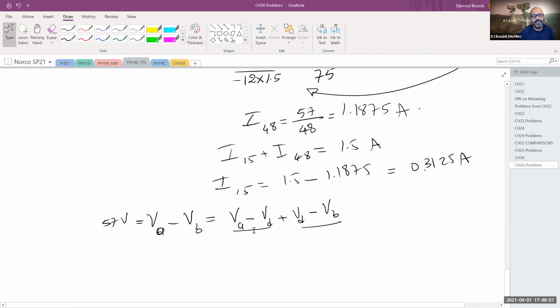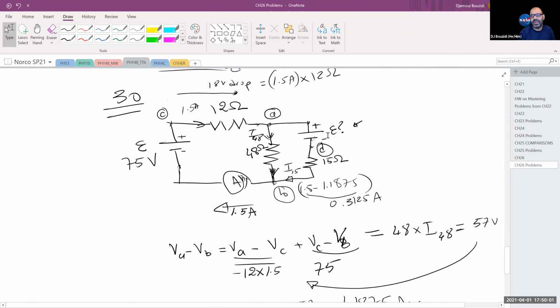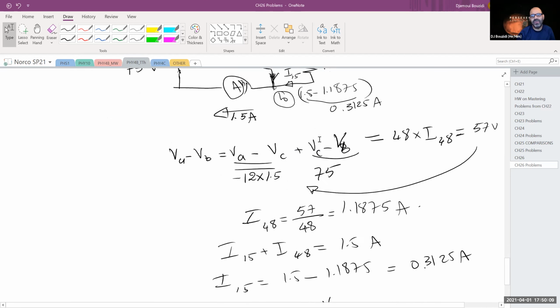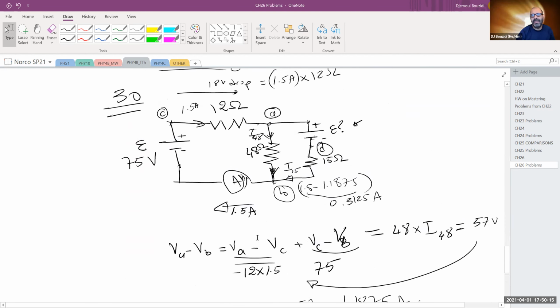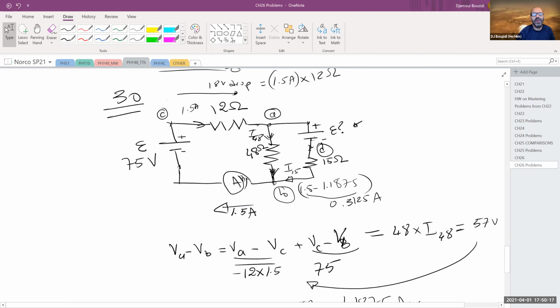So on one side, VA minus VB, that is the EMF, epsilon. Because the voltage drop from A to D, I'm sorry, is the voltage drop across the EMF. So on one side, I know this is epsilon. Plus VD minus VB, that is the voltage drop across a resistor of 15 ohms, that the current going through it is 0.3125 amps.